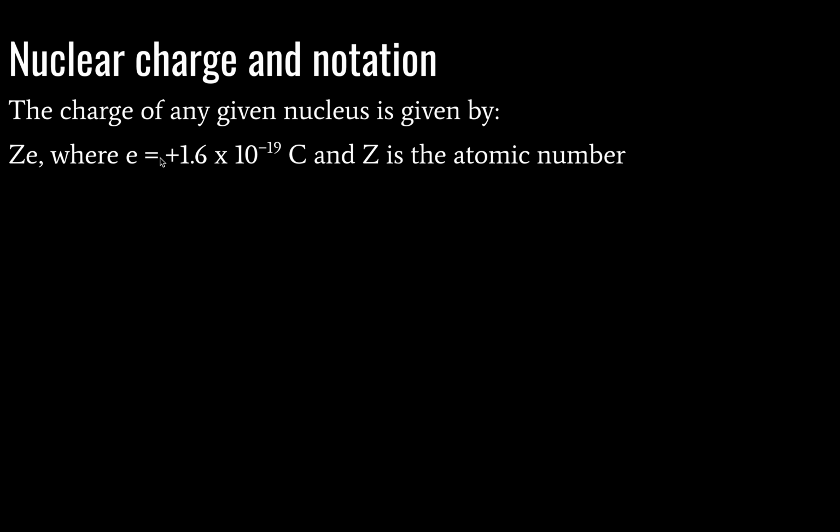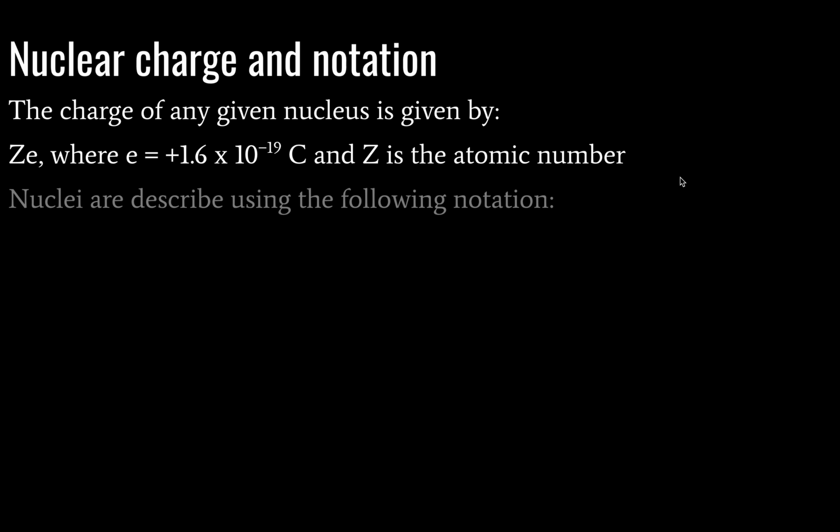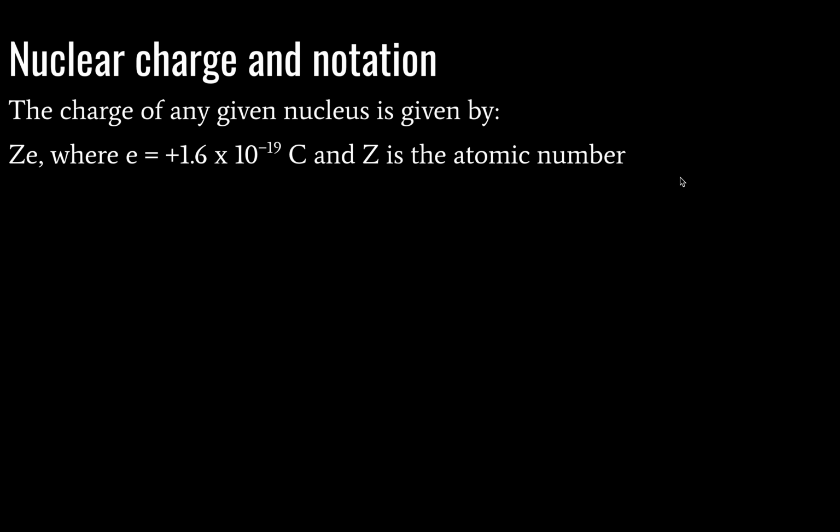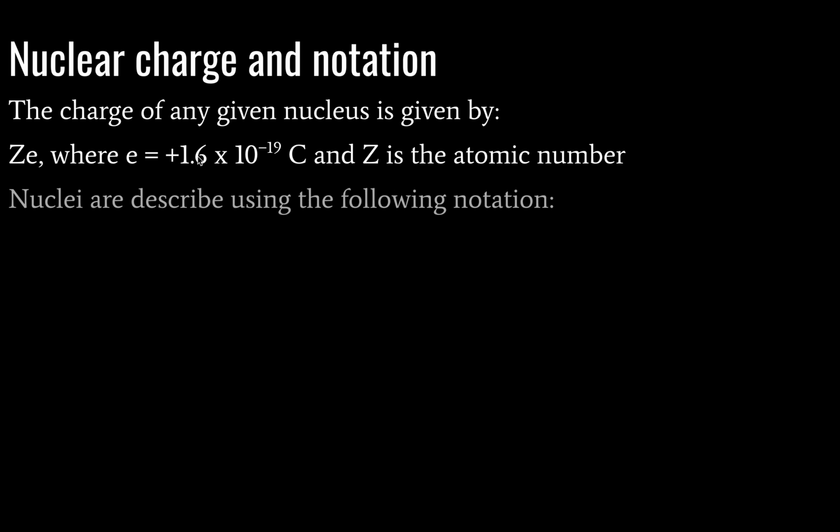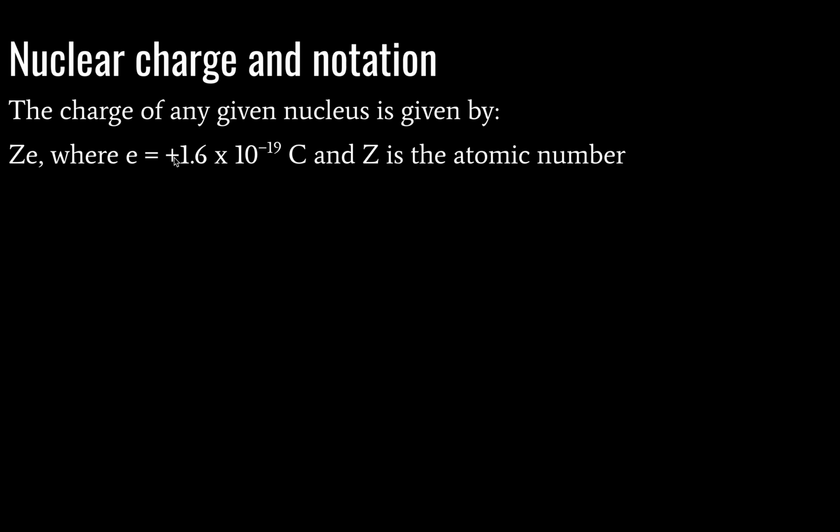This is a positive number, so we have a positive charge on the nucleus. Note that the electrons for a given nucleus will cancel this charge out, so our atom will have a net charge of 0. If you're wondering why this is positive, that's why.